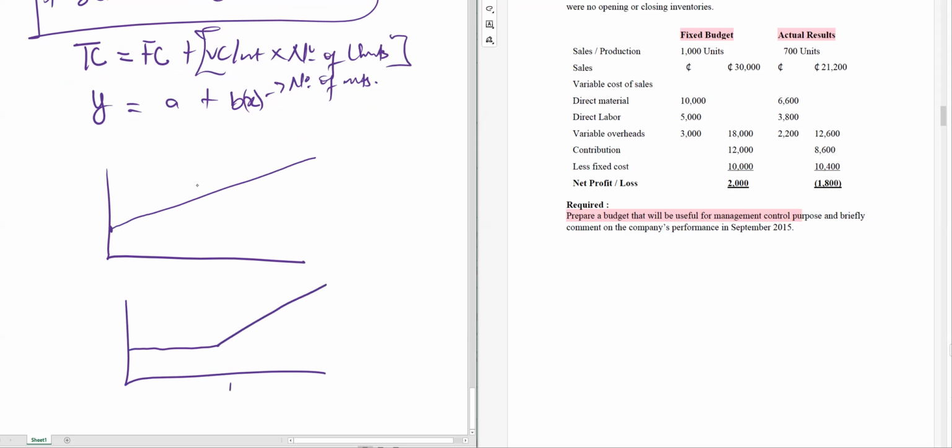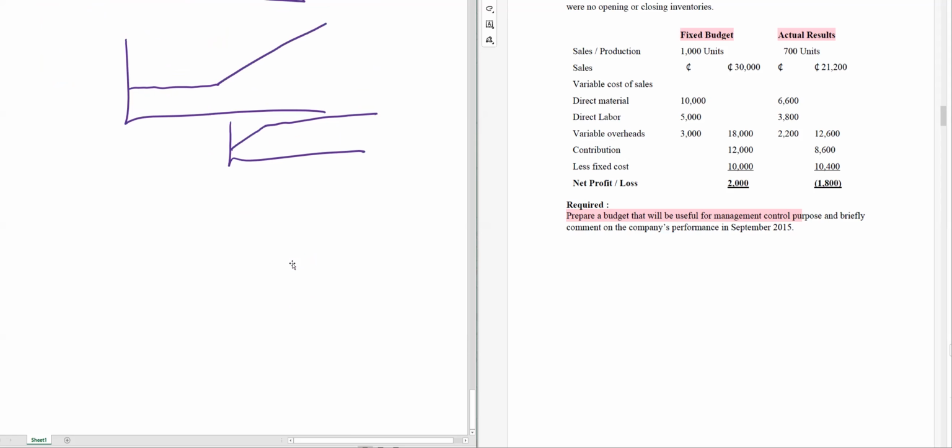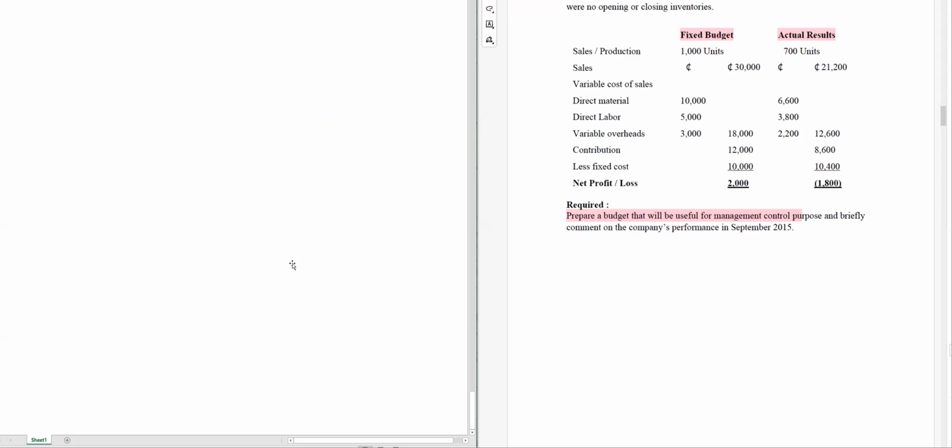It could also be like this: variable up to some level and then fixed. It can be in any form. But no matter what, your duty as an accountant is to learn how to separate the fixed from the variable cost in semi-variable costs.